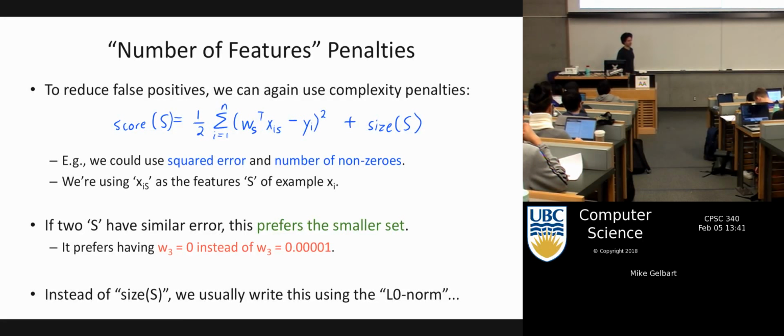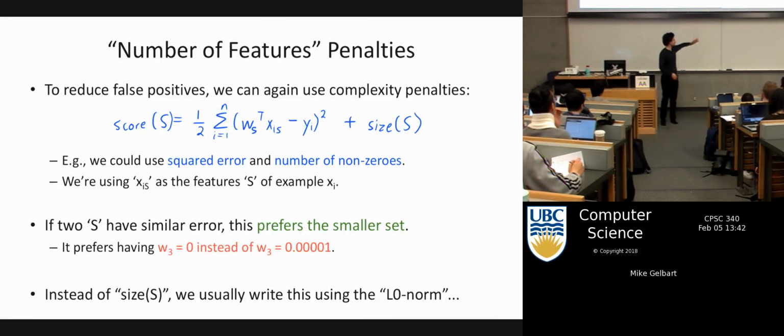What's kind of appealing about this is if we were going to have some really tiny w, like 0.00001, that might help a tiny bit with training error, and that's what we talked about earlier with the quadratic and the cubic. But it may be worth throwing away that feature, making this score happier by 1, if it's only a tiny change in the training error anyways.